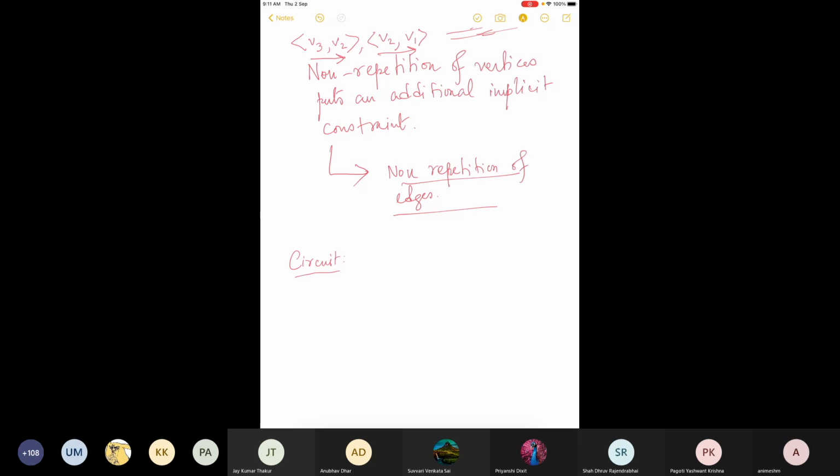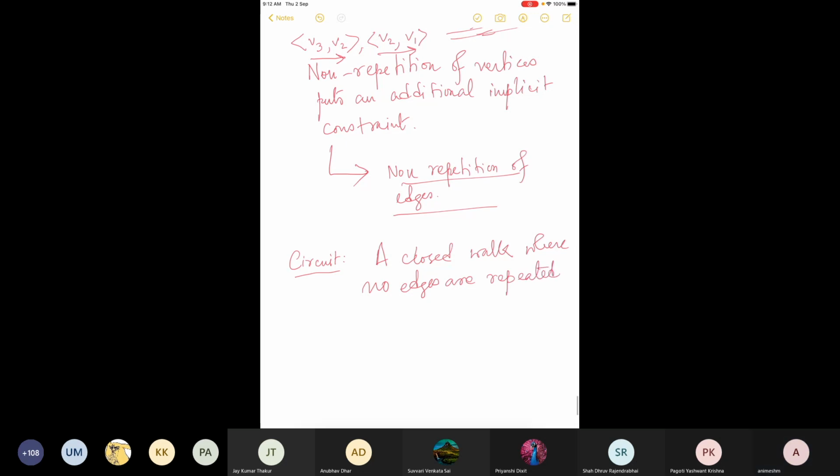Circuit, not the one from Munna Bhai. So this is a closed walk where no edges are repeated.